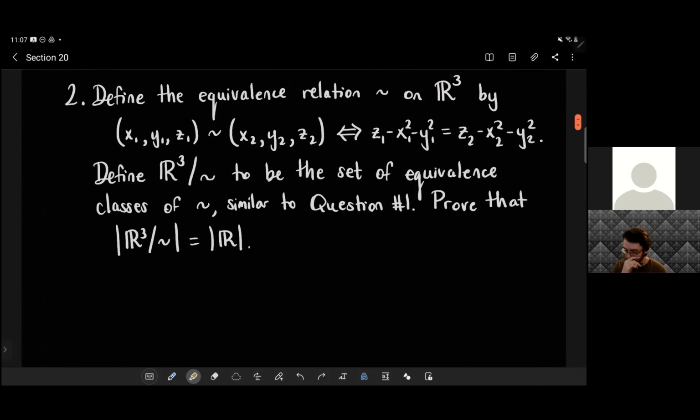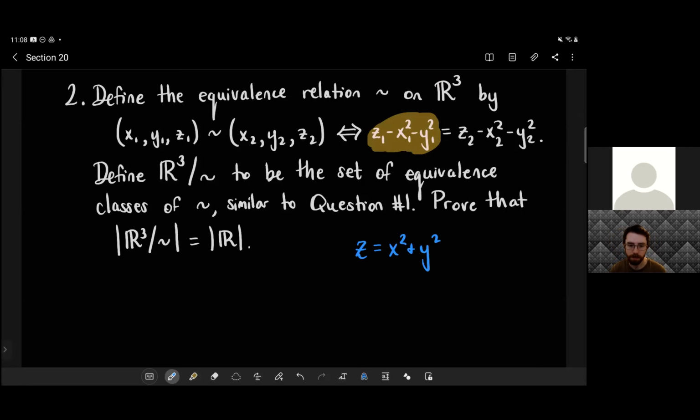And again, it helps if you have a picture of what this is trying to say. So what I recommend is, think about this and actually think about it. Instead of writing z1, I'll just write z. Think about solving it: z equals x squared plus y squared. If you think back to maybe multivariable calculus, you could think about what kind of surface this is.